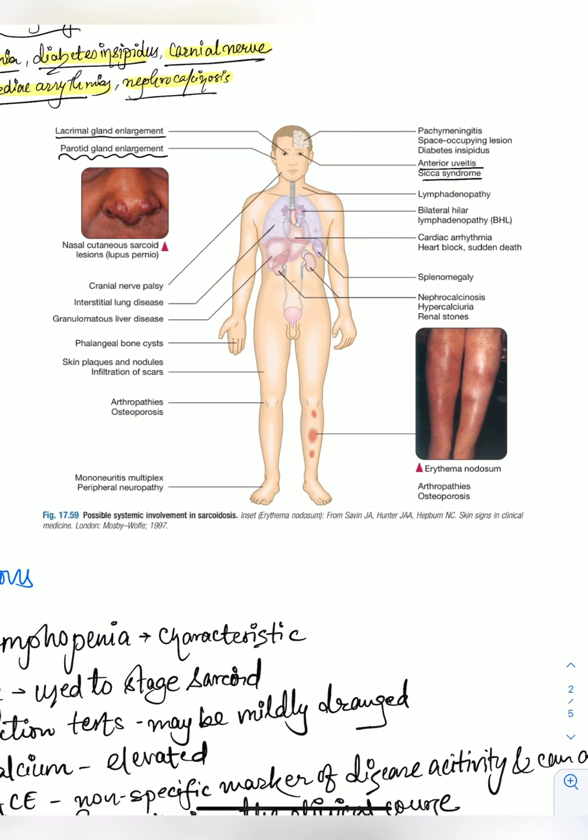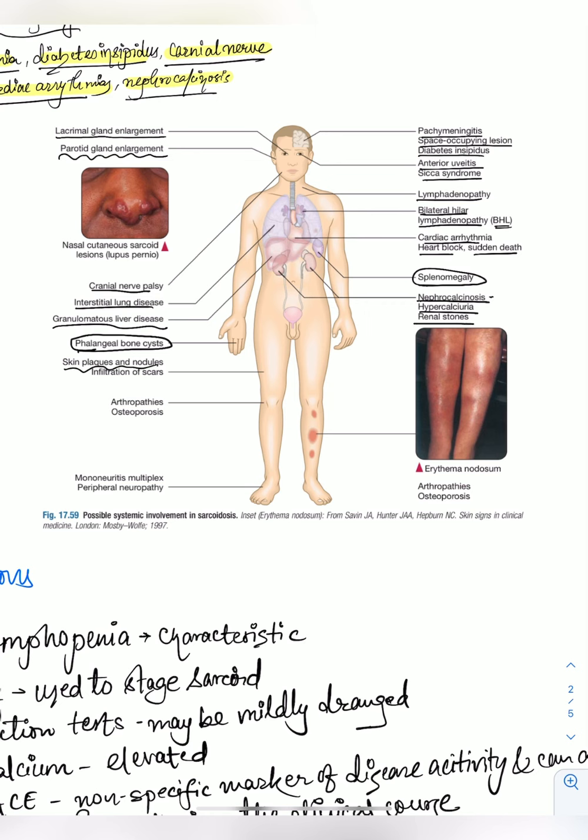There may be pachymeningitis, space occupying lesion, diabetes insipidus, lymphadenopathy, bilateral hilar lymphadenopathy, BHL, cardiac arrhythmias, heart block, sudden death, cranial nerve palsy, interstitial lung disease, granulomatous liver disease, phalangeal bone cyst, splenomegaly, hypercalcemia, hypercalciuria, renal stones, skin plaques and nodules, infiltration of scars, arthropathies, osteoporosis, mononeuritis multiplex, peripheral neuropathy, erythema nodosum, and a nasal cutaneous sarcoid lesion, lupus pernio.